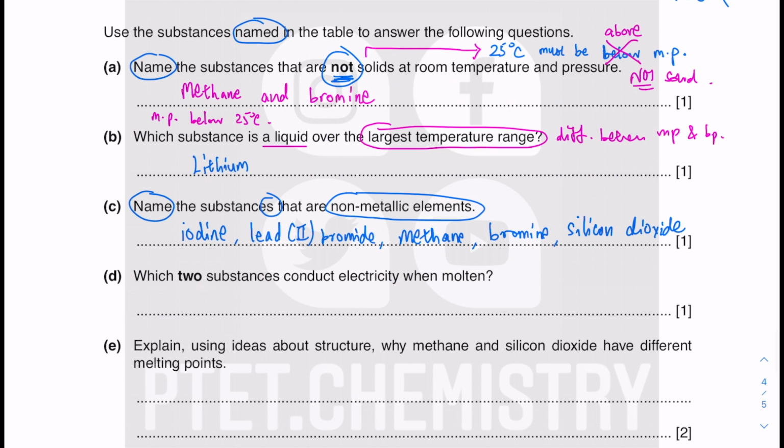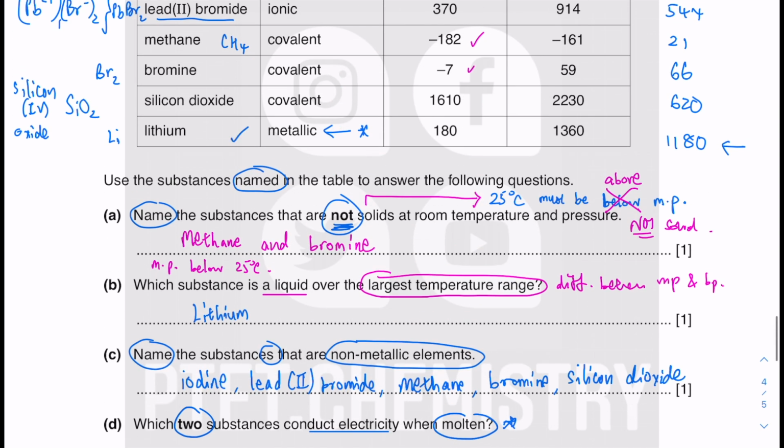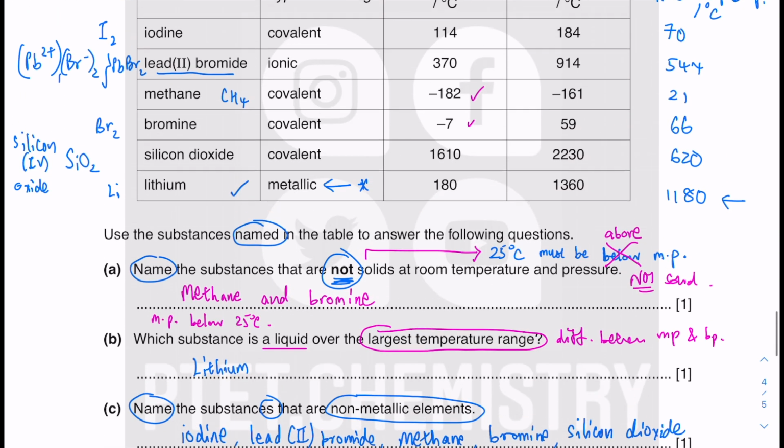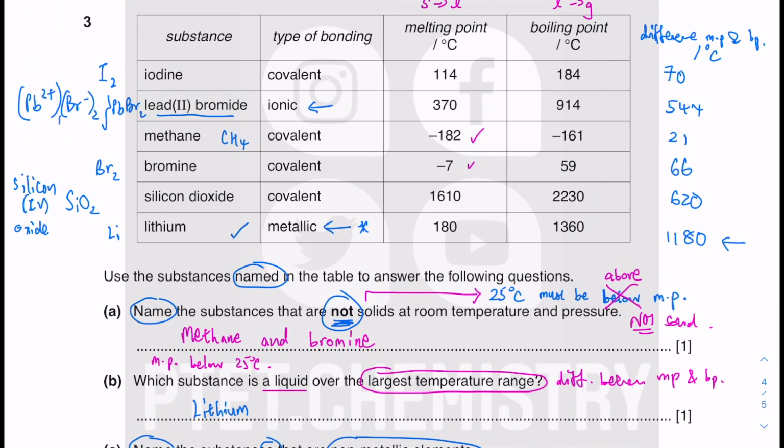Which two substances conduct electricity when molten? So first of all, the metal definitely conducts whether it is solid or molten, because you have free delocalized valence electrons both in the solid state and in the molten state to conduct electricity. But then you also have the ionic compound. Ionic compounds cannot conduct electricity in the solid state because the ions are in fixed positions.